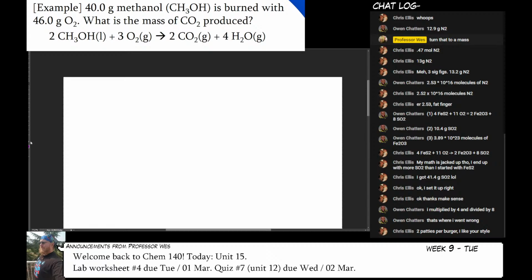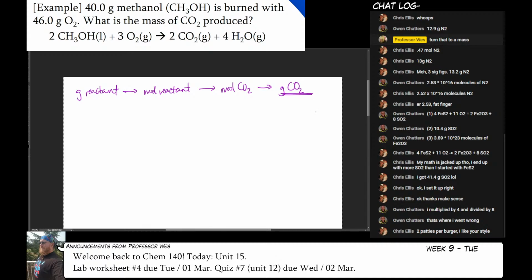So what we're going to do is the following. We're going to take the mass of our reactant, whatever it is, and we'll turn it into moles. And then the problem is asking us for mass of CO2. So we'll go moles CO2, mass CO2, and that'll get us to the end.